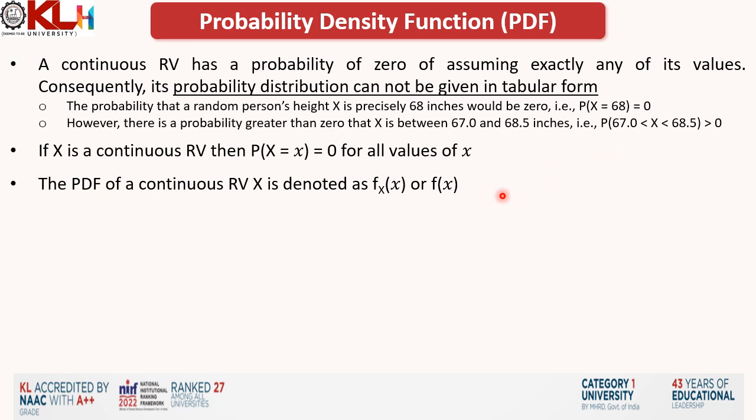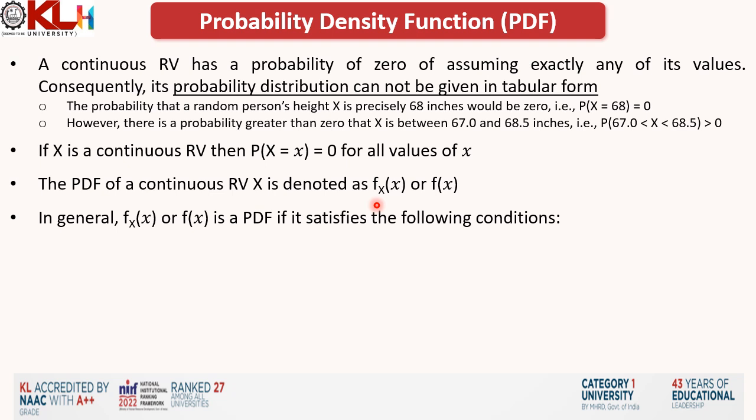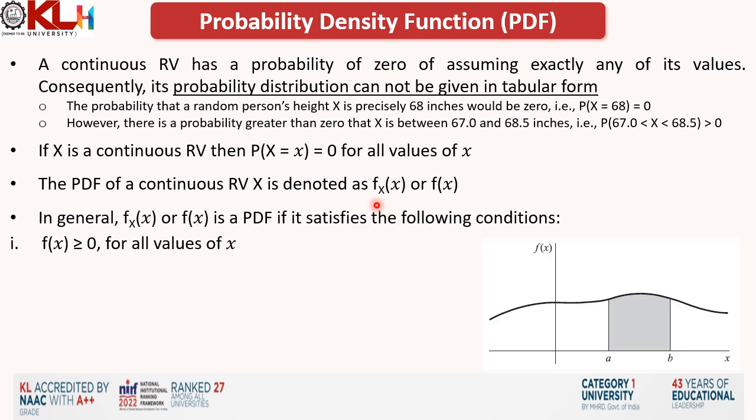The PDF of a random variable which is continuous is denoted by the same small f of x, and the properties are similar. So f of x is going to be greater than or equal to 0 for all values of small x. So f of x cannot be negative. It's a density.